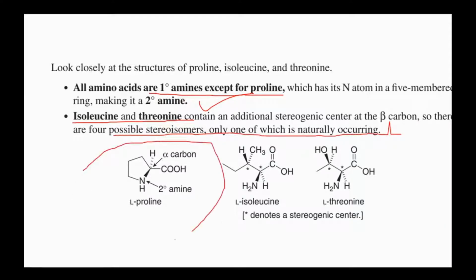So this is proline, and this NH is a secondary amine. This is isoleucine, which contains an extra stereogenic center, denoted with a star, and this is L-threonine. It also contains an extra stereogenic center, also denoted with a star. So they also possess the extra stereogenic center.